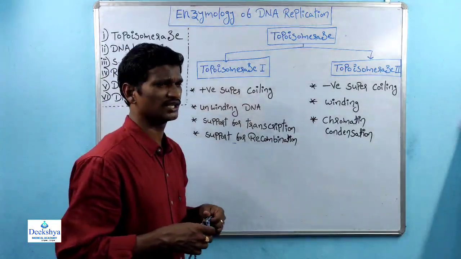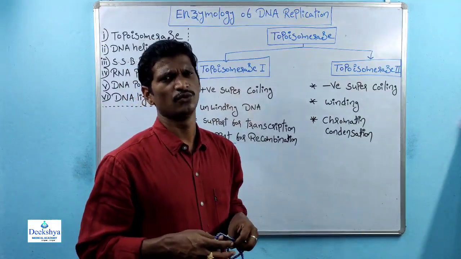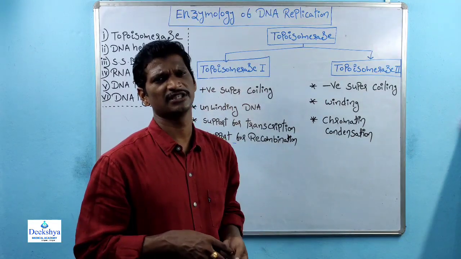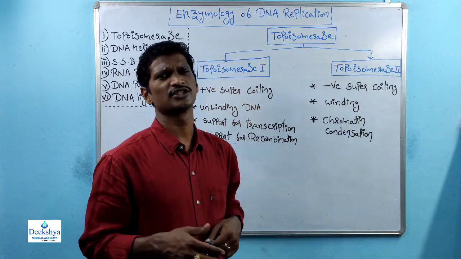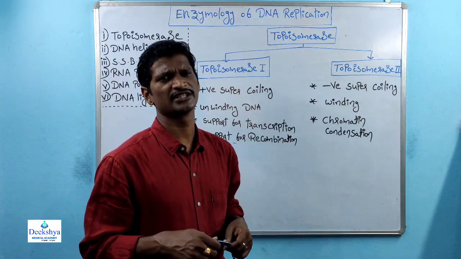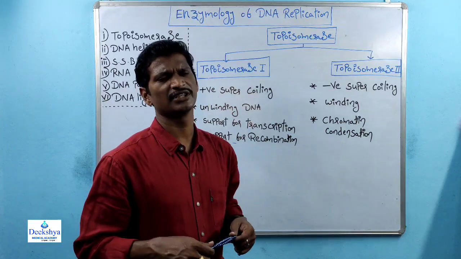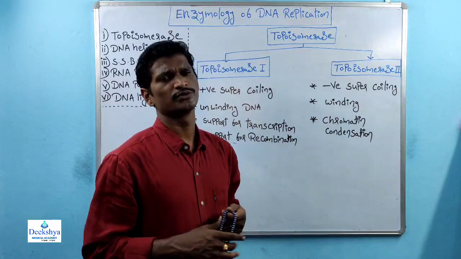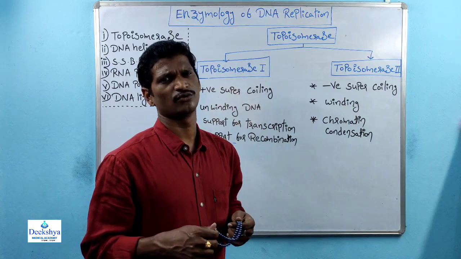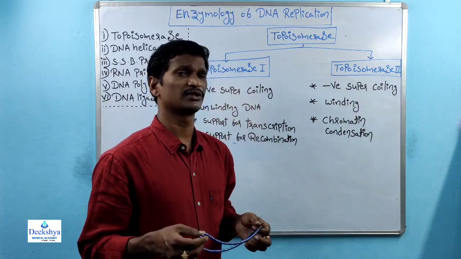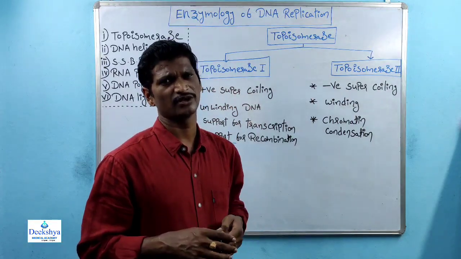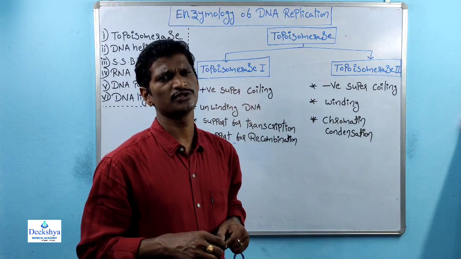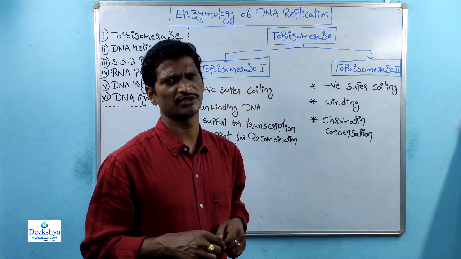And coming to the next one, the recombination process. We know that recombination is nothing but exchange of genetic material, especially in the meiosis process. Within meiosis, there is the pachytene stage. Within that, between two non-sister chromosomes, the homologous chromosomes, exchange of genetic material takes place.